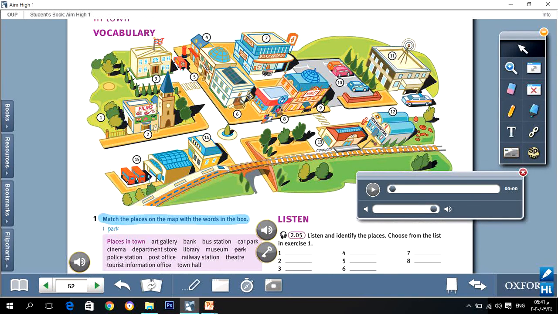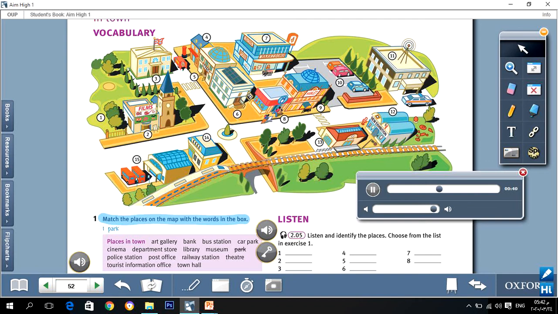Unit 6, Let's listen. Page 52. Vocabulary. Exercise 2. Listen, repeat, and check. 1. Park. 2. Cinema. 3. Town hall. 4. Post office. 5. Museum. 6. Library. 7.